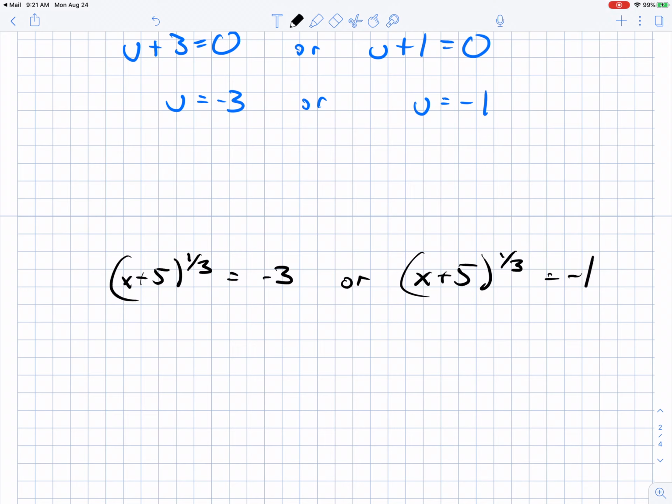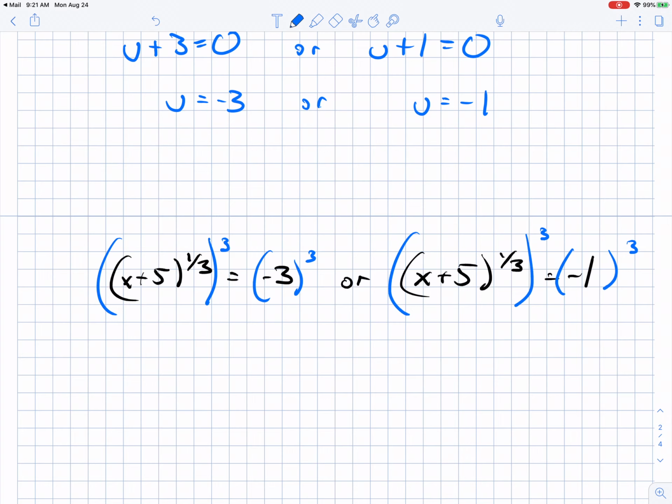Remember, to the power of a third is the same as the cube root of all of this. To get rid of the cube root, the inverse is to cube both sides. Same thing on this equation. If the index here were even, we would need to be careful, but we're okay for now.